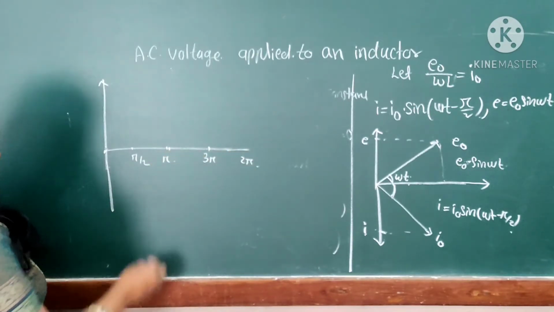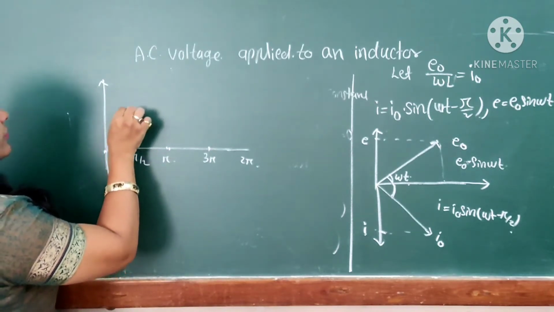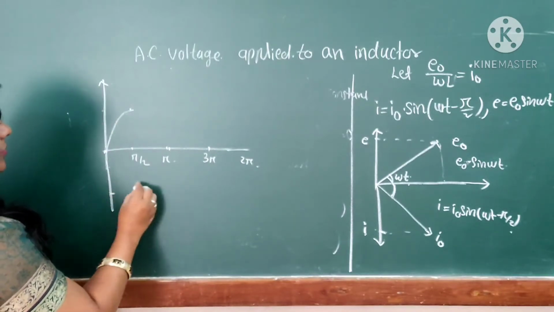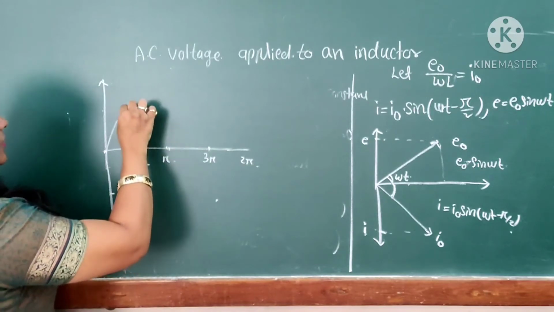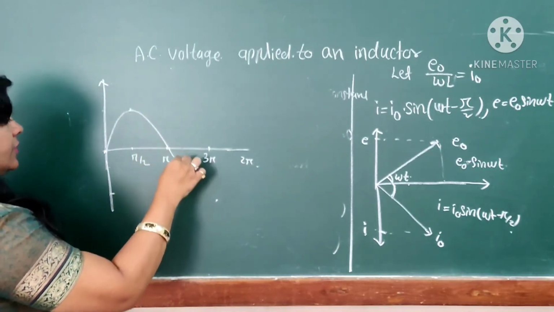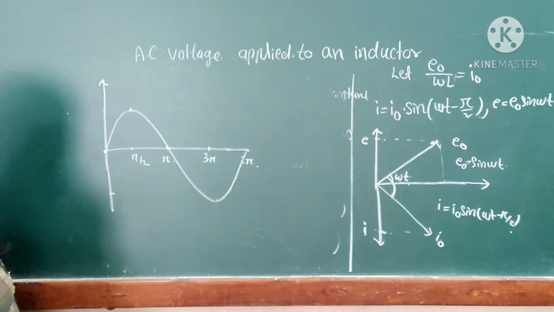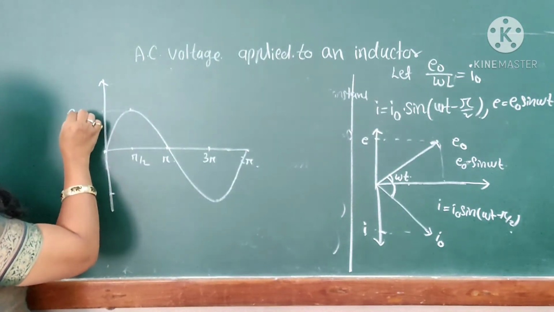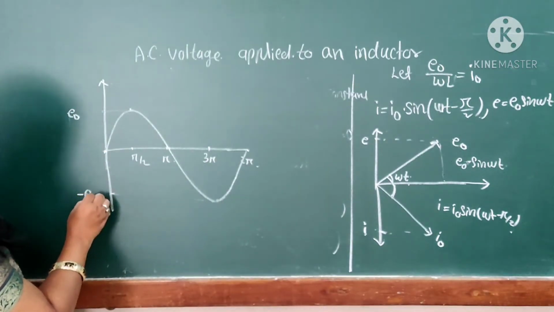The sine function starts from here, goes to maximum, then minimum, again maximum, and then the minimum. The peak value is E naught, and this is taken as minus E naught.